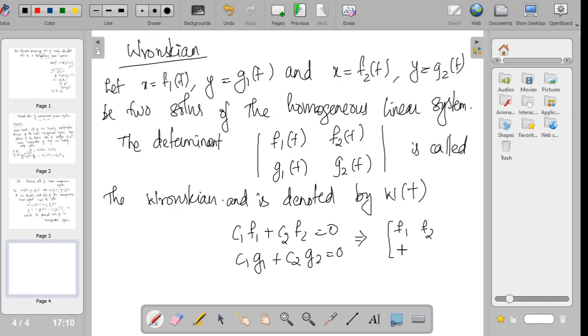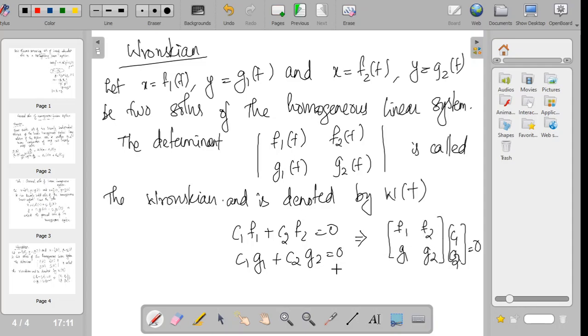So f1 f2 g1 g2, then c1 c2, equal to 0. So this is a homogeneous system of equations. This will have a non-zero solution when the determinant of f1 f2 g1 g2 is zero. So if this is non-zero, then the only solution is going to be c1 c2 equal to 0.